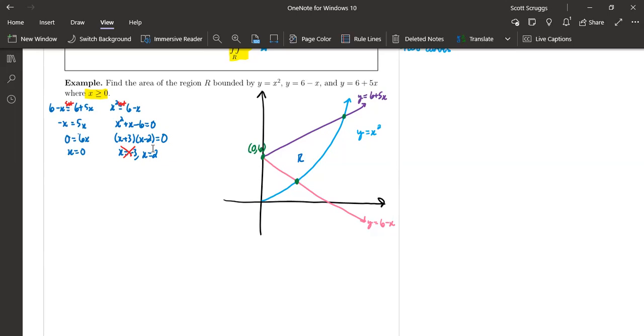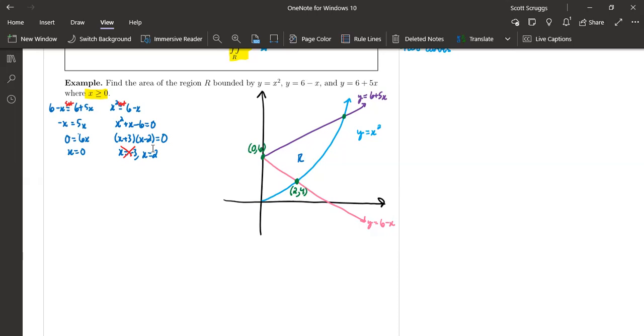So this intersection will have an x value of 2, and if you plug it into either 6 minus x or x squared, you will quickly get the corresponding y value is 4. So another intersecting point will be the point (2, 4).